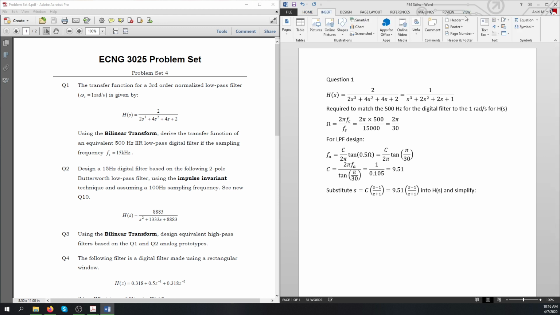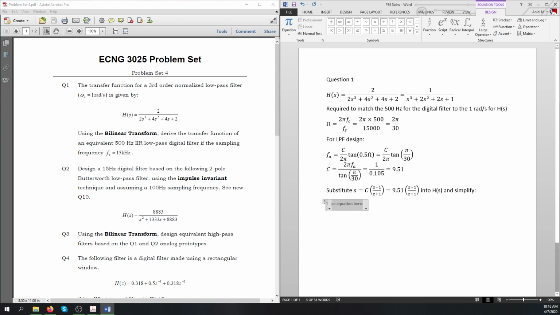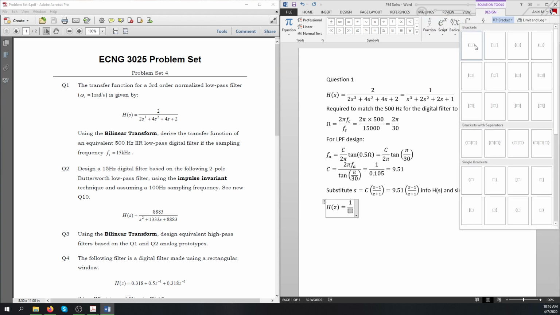So, in doing so, this now becomes h of z here, because the entire equation is in terms of z. And this now becomes 1 divided by, everywhere we have an s, we're going to be substituting accordingly.